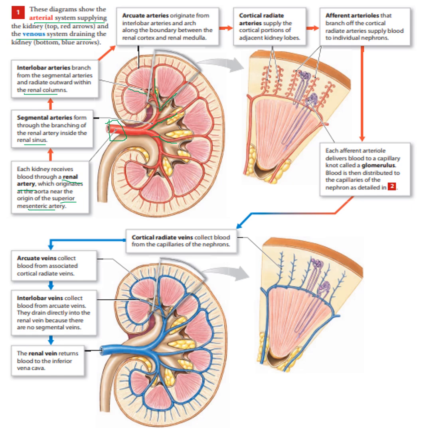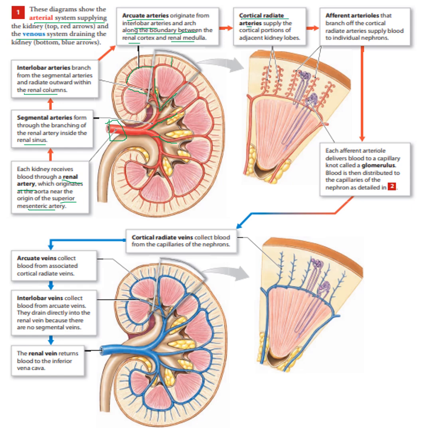Then arcuate arteries originate from the interlobar arteries and arc along the boundary between the renal cortex and the renal medulla. As you can see, these are the arcuate arteries. They arc, that's why they're known as arcuate arteries. Then the arcuate arteries give rise to the cortical radiate arteries.